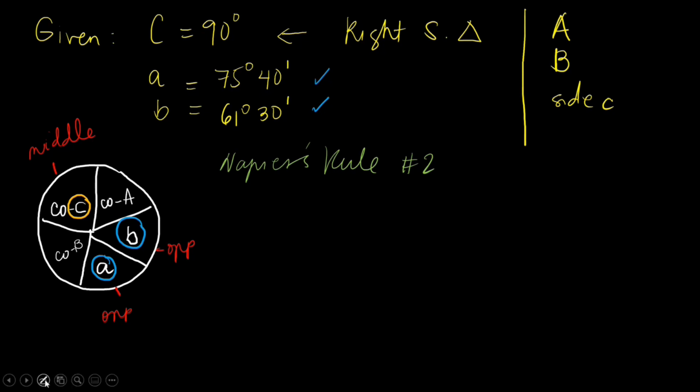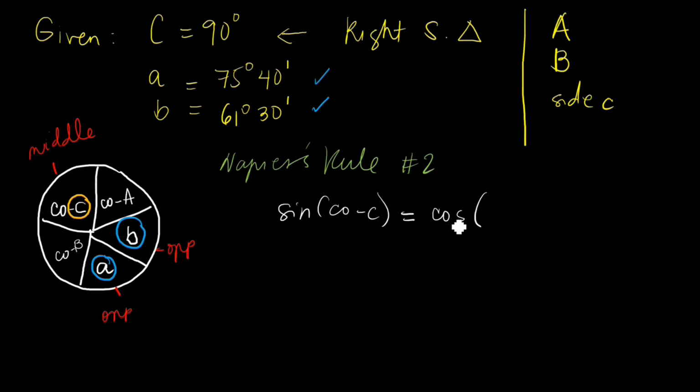In Napier's rule number 2, we have the sine of the middle part. Our middle part is the complement of C equals the product of the cosines of the two opposite parts.